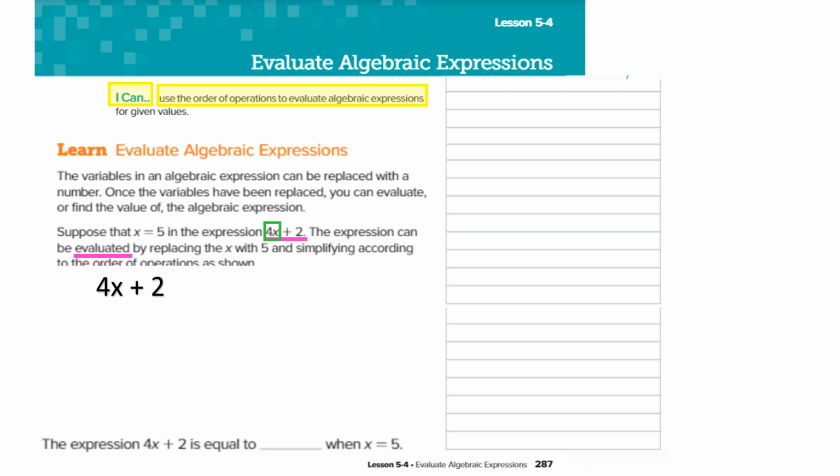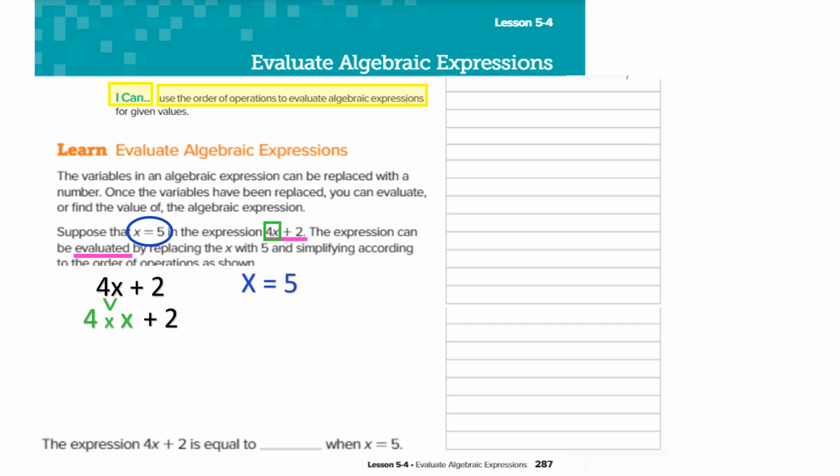Well, when I see that I have 4x plus 2, I also have to recognize that that is a variable, a letter, with a coefficient, a number connected to it, which tells us to do what? Previous lesson, multiplication. So that is saying not just 4x plus 2, but 4 times x plus 2. But then I can see where it says suppose that x is equal to 5.